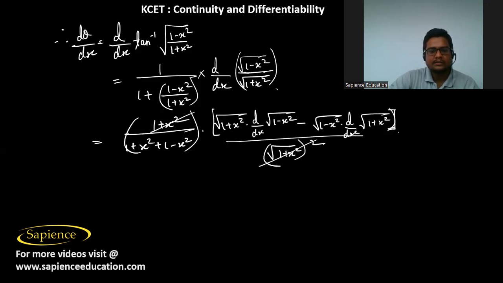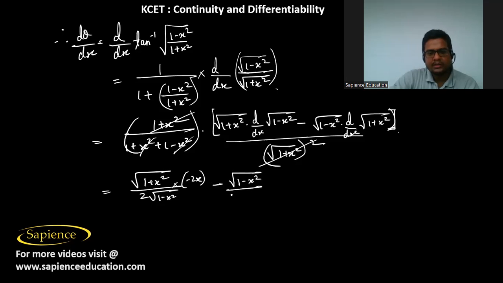So these two will get cancelled obviously, and these two also will get cancelled, and this will be root over 1 plus x square by 2 into root over 1 minus x square into minus 2x, then minus root over 1 minus x square divided by 2 into root over 1 plus x square into 2x.